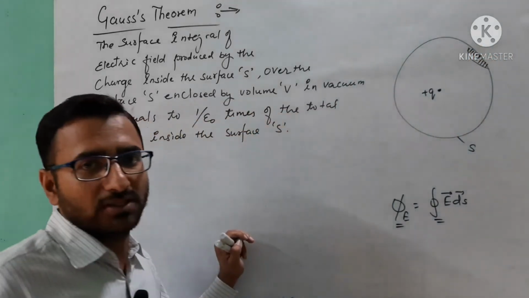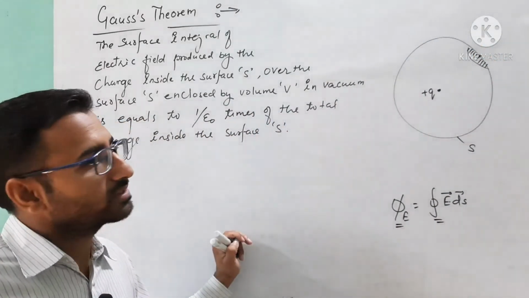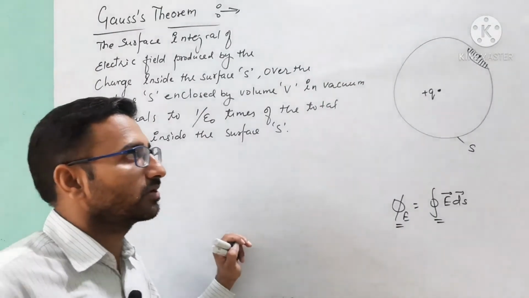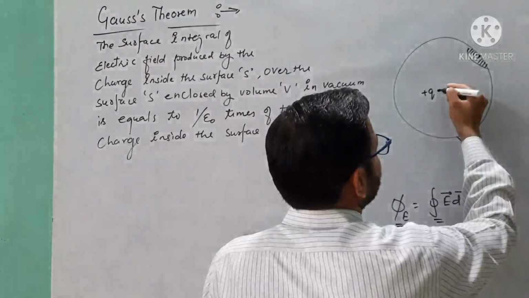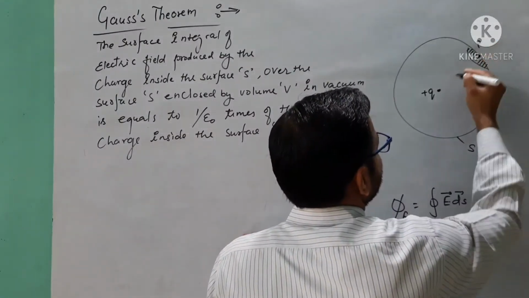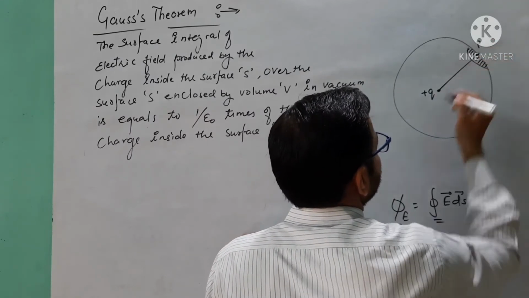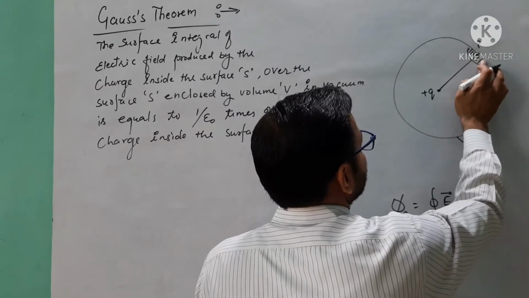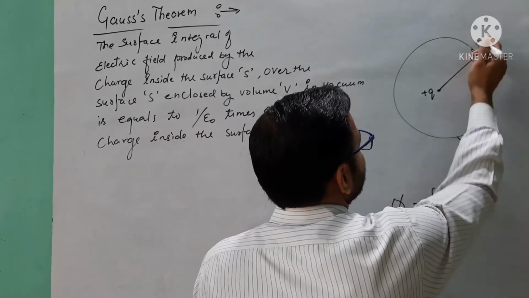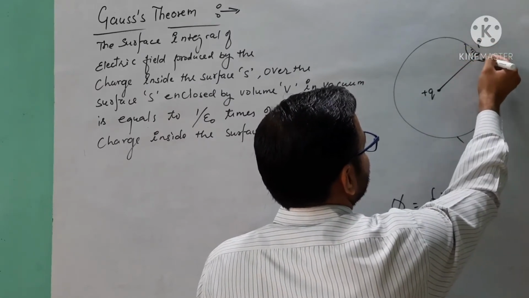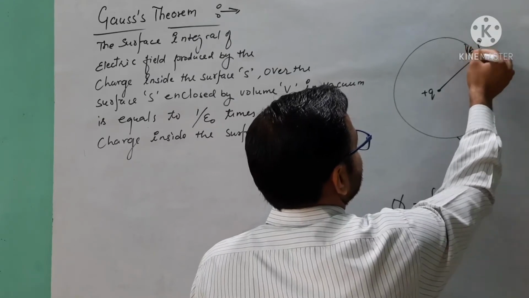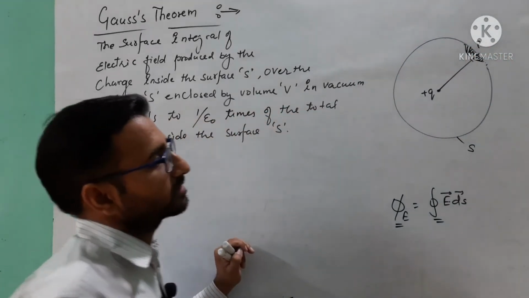As this surface is imaginary, it is known as the Gaussian surface. So I will calculate the electric flux at this point, which means I will prove the value of Gauss theorem, phi equals q over epsilon naught.